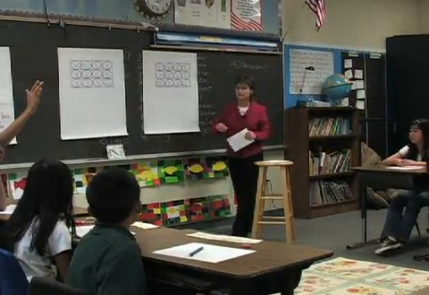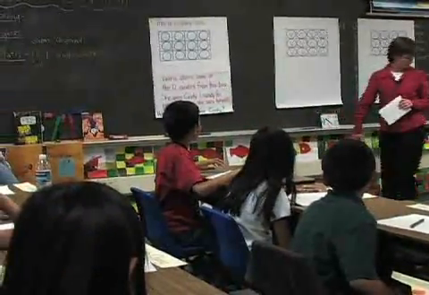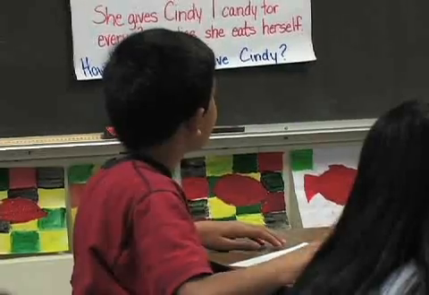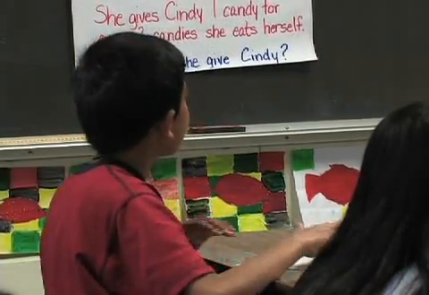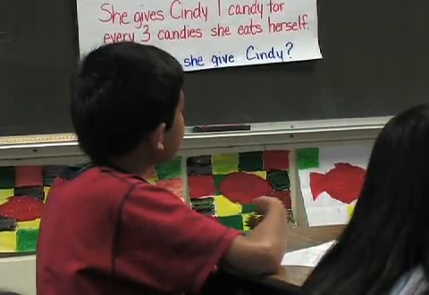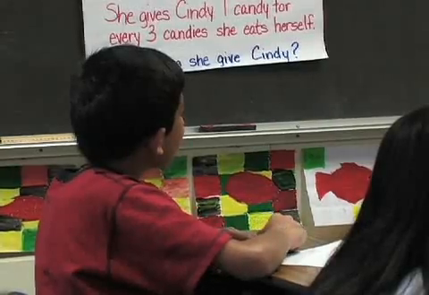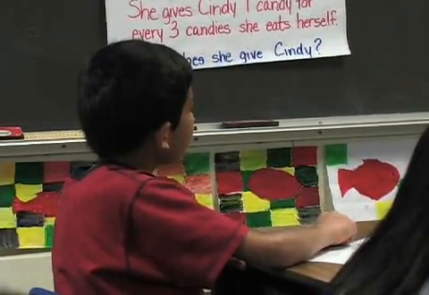Okay. And what did you want to add, Sarab? I think the first one would be easier because it will be easier for people to understand, because you can just draw the figure and then put V's in the ones Valerie eats and then C in the ones Cindy eats.